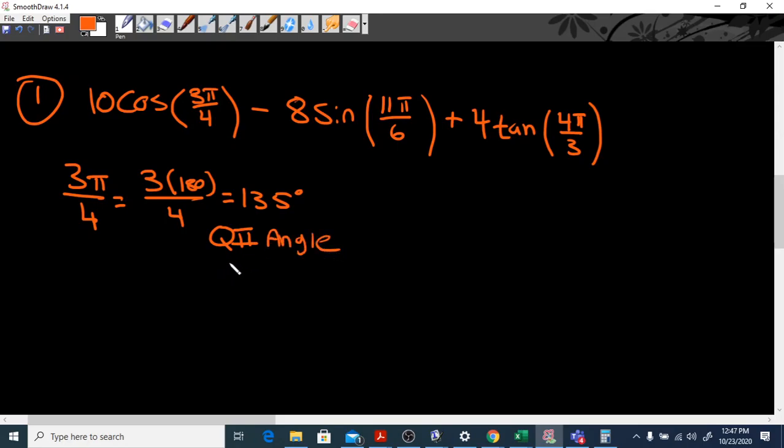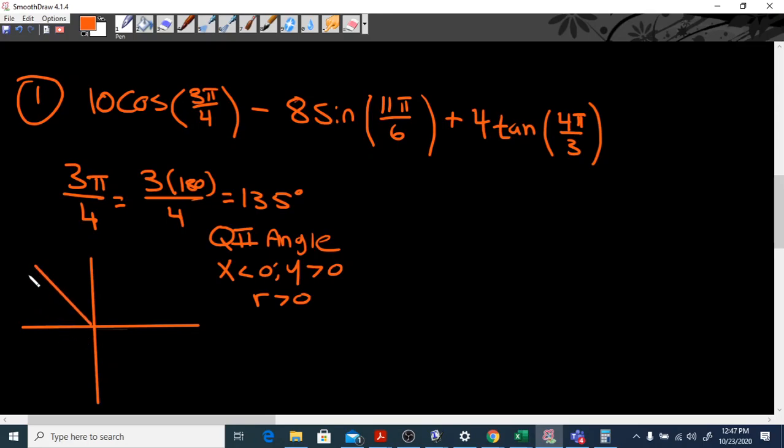And in quadrant 2, x is negative, y is positive, and let's remember that r is always positive no matter what. Okay? And so we wind up with the following. Okay, so 45 past 90, or 45 before 180.